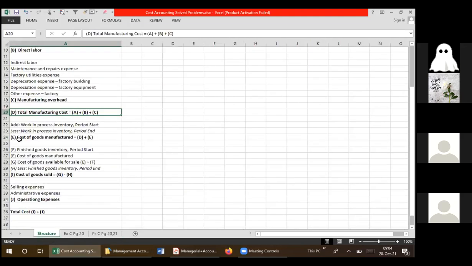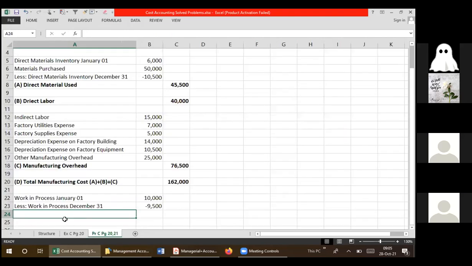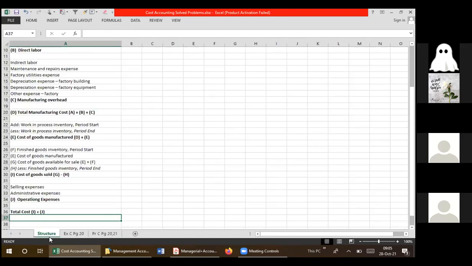That gives us point E, that is cost of goods manufactured.